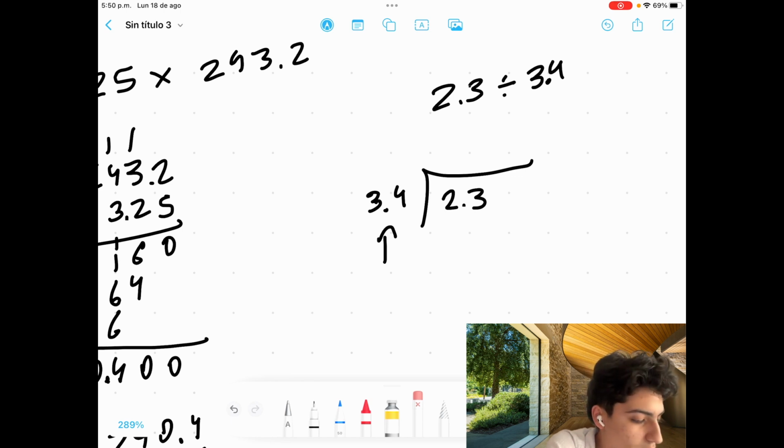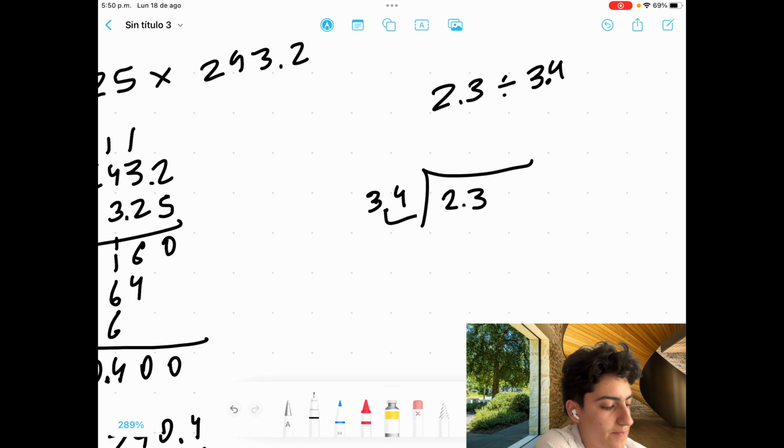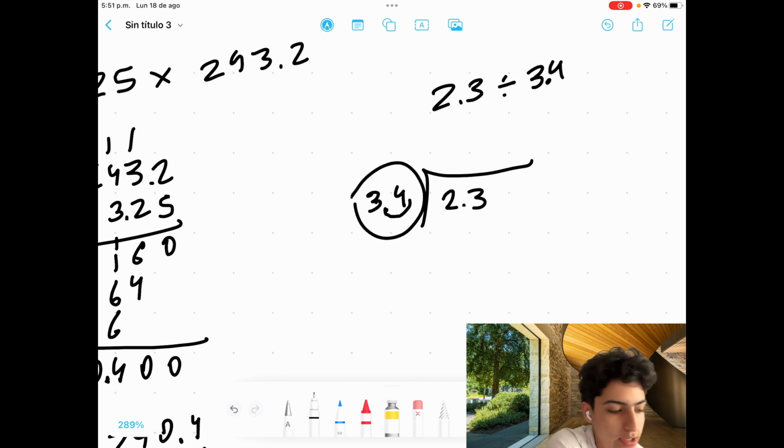So in this case, how do you convert it to a whole number? Well, you're going to move the decimal place to here in order to get rid of it. And the other thing is that the same amount of decimal places that you move here, you also have to do here. It reminds me of what's required when you're solving for x.